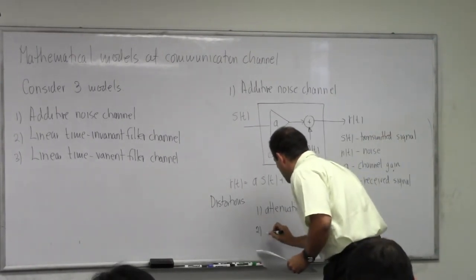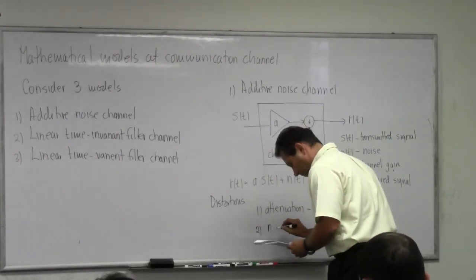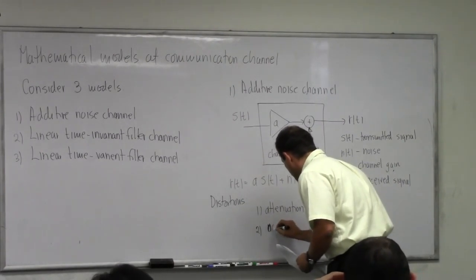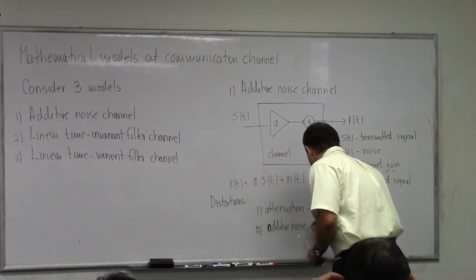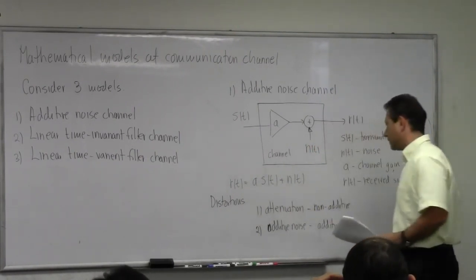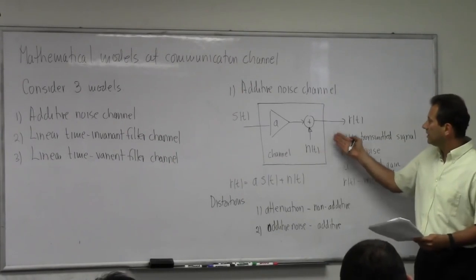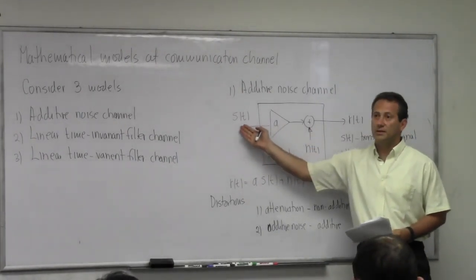The second type of distortion here is that the signal gets corrupted with noise. So this is additive noise. And this is an additive type of distortion, right? Because you now have a signal present in your output that was not present at the input.